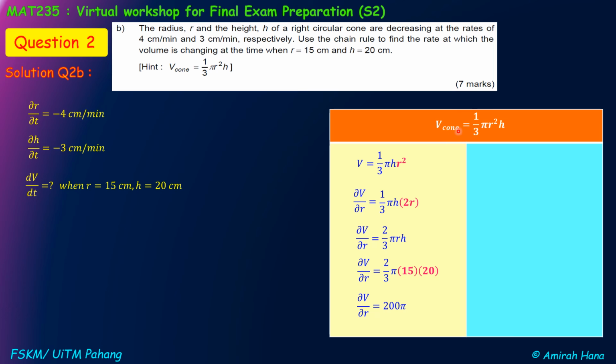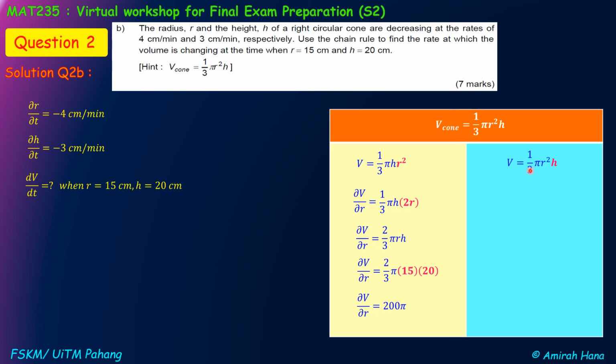Now we want to differentiate volume with respect to h, which means we treat h as a variable. We have volume equals 1 over 3 pi r squared h. Now we treat h as a variable and r as a constant, so all of this is now a constant.